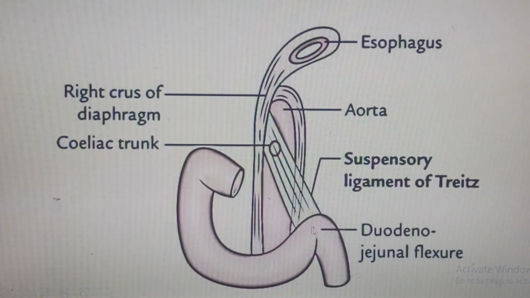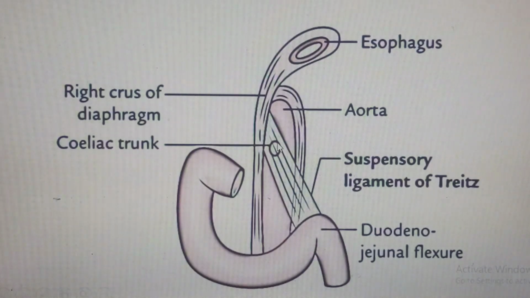Now attached to that flexure, to the right crus of the diaphragm, is the ligament of Treves, the suspensory ligament of Treves. So that is that one that you should know. It's actually going to attach to the right crus of the diaphragm.